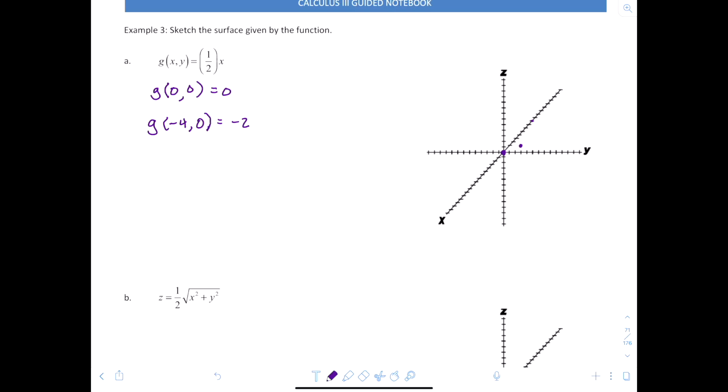And then let's see, if we were at g at 4, 0, we'd be at +2 for our z. Be about here.